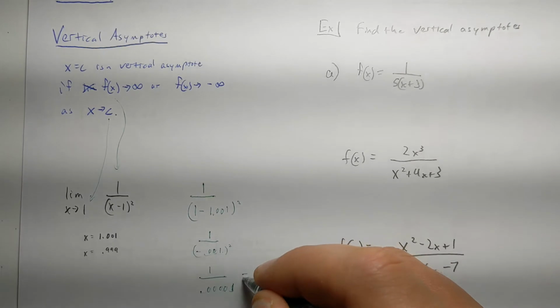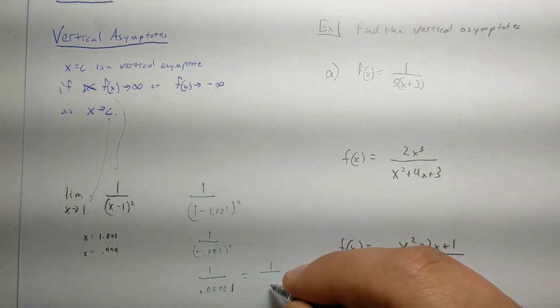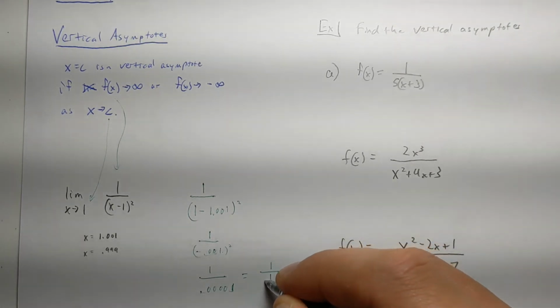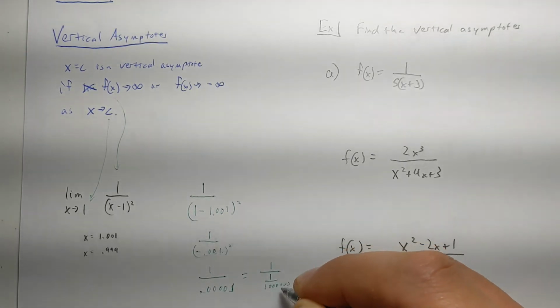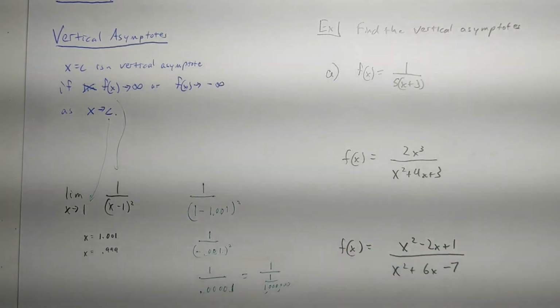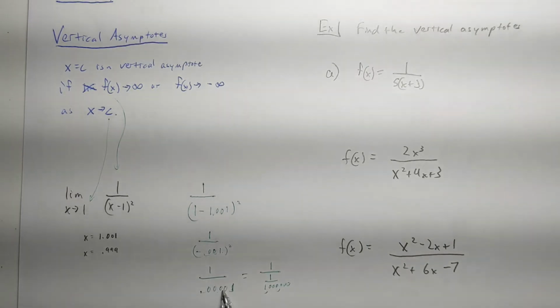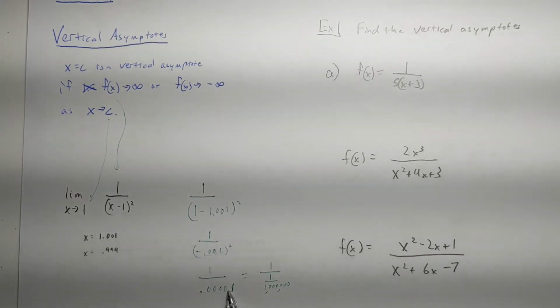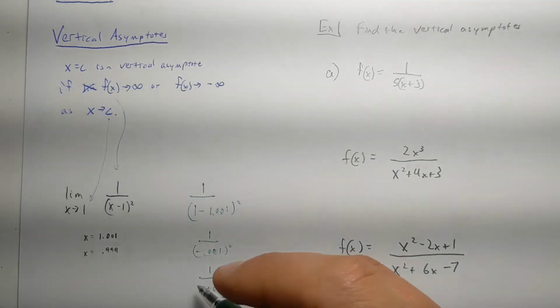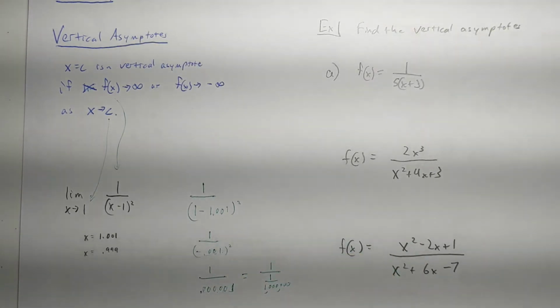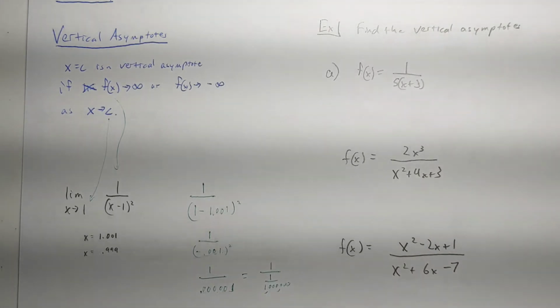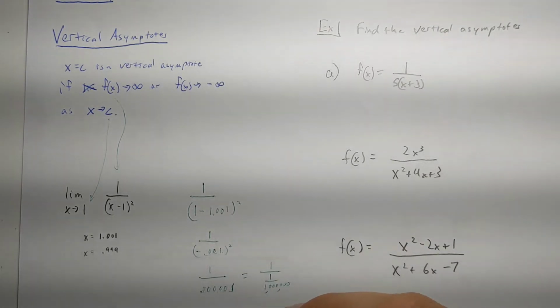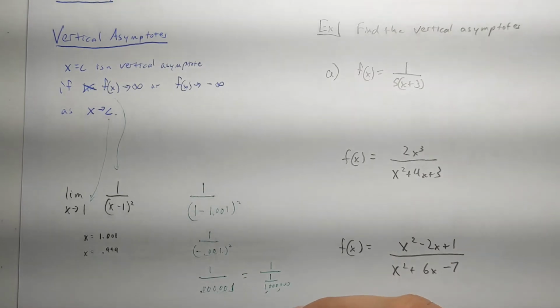Anyway, that is basically going to be 1 over 1 million. Tenths, hundredths, thousandths, 10,000ths, 100,000ths. I think there's another 0 in there. 1 divided by 1 over 1 million is just going to be 1 million.